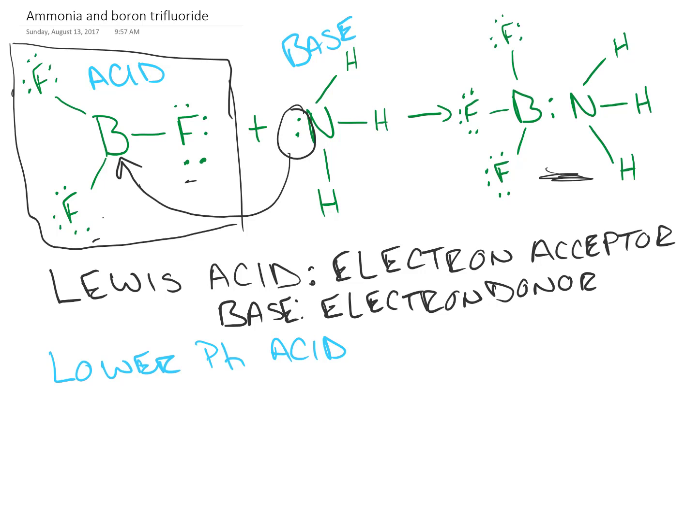Well, how is BF3 going to change the pH, especially as we're going to talk about in the next section? The pH is based on the concentration of hydrogen, or actually the hydronium ion. So if that's the case, how is BF3 doing that?